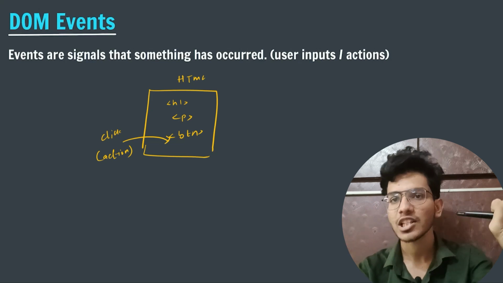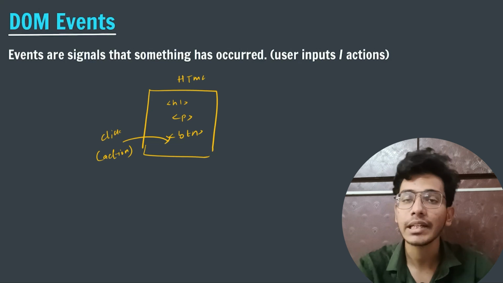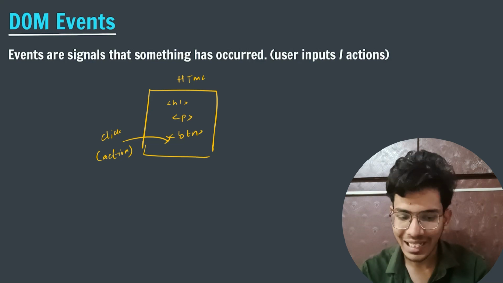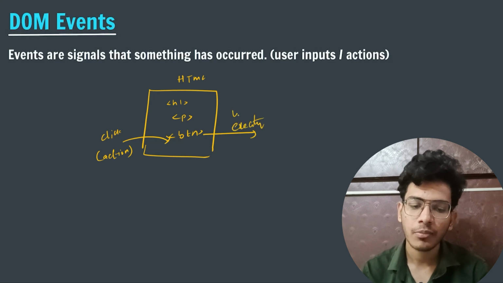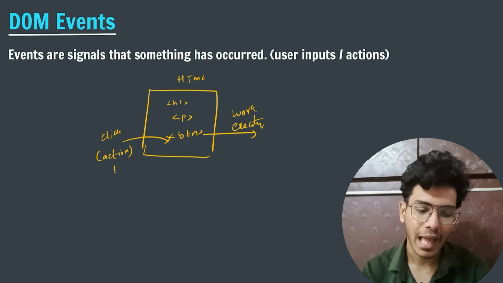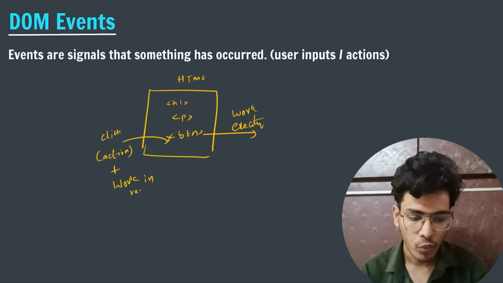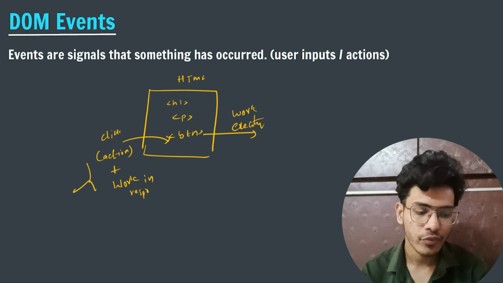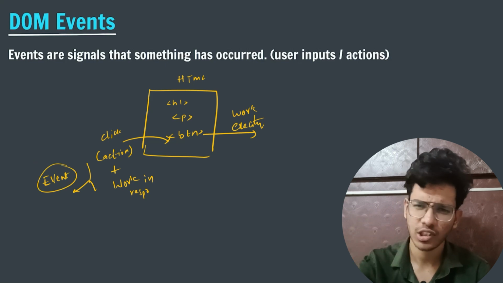Then this action-response cycle, we call it an event in JavaScript. Here when I click on this button, I want to execute some work. So combining this action plus work in response, we call this an event in JavaScript. We have now understood the definition of an event.